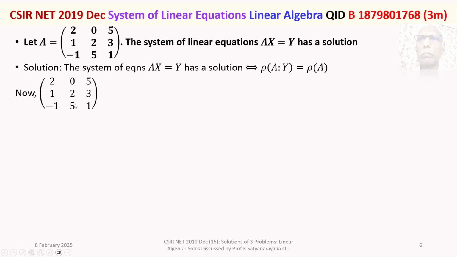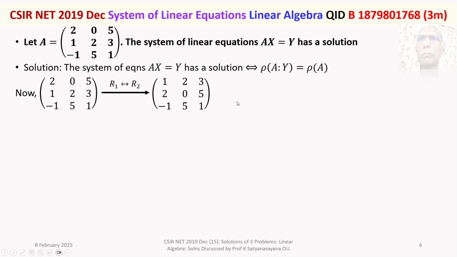So that is the matrix. What I do is I perform elementary row operations on it and obtain its row reduced echelon form. We interchange the first 2 rows. After the interchange, this is the matrix. Now we want to make this position 0 and this position 0.